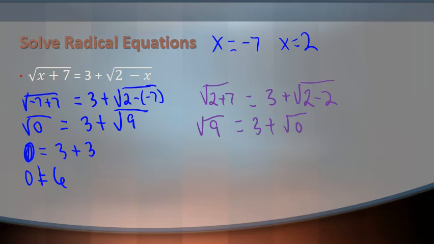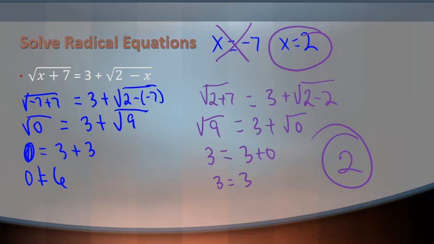Square root of 9 is 3, and 3 plus 0 is 3. Well, 3 does equal 3. So, x equals 2 is a valid solution, but x equals negative 7 is an extraneous solution. So my only solution here is 2.